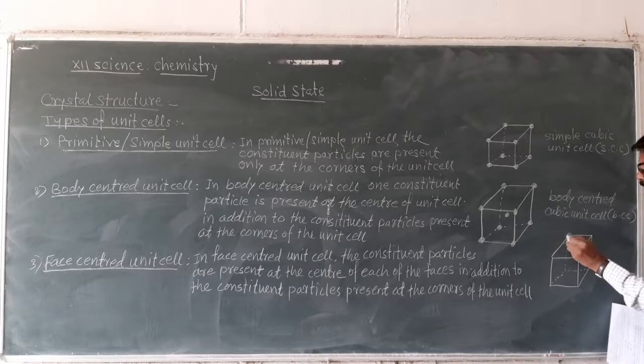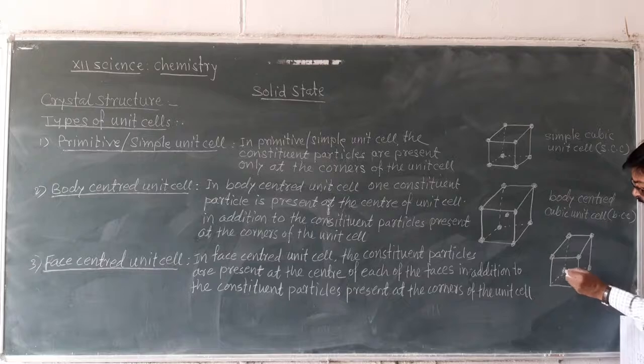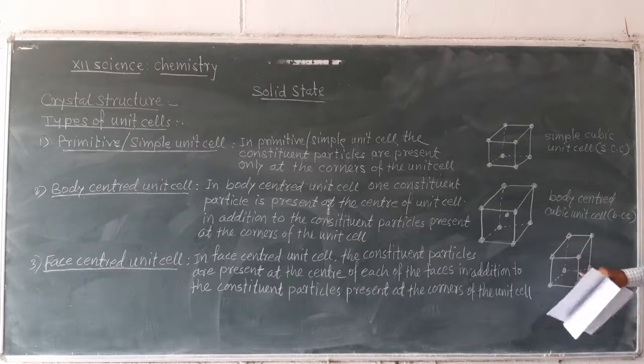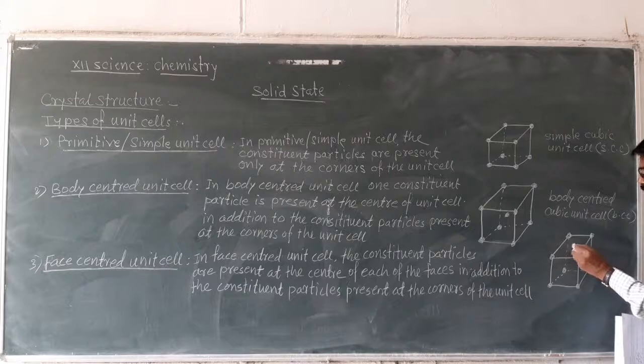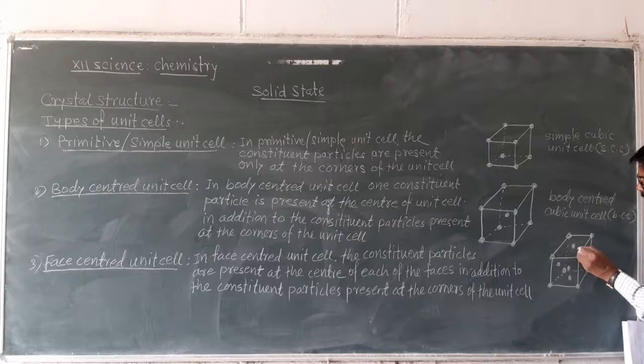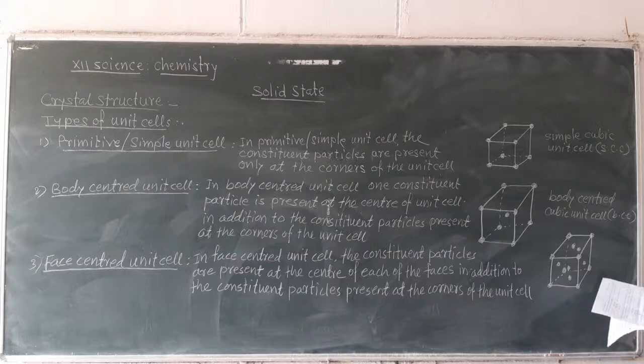These are the corners, constituent particles present at the corners of the unit cell. Now there are 6 faces in a cube. At the center of every face, it will show one particle. Front particle and back particle.